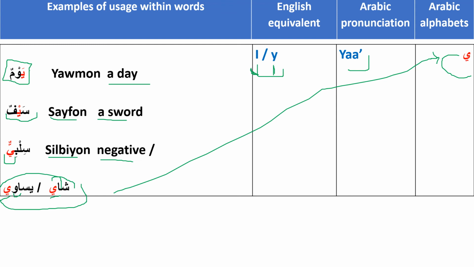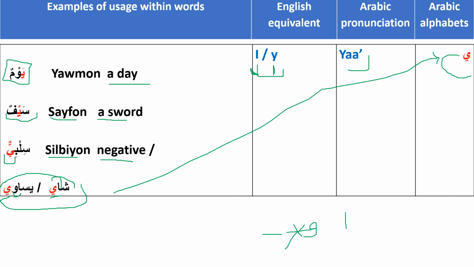Actually, it's not just ya. All Arabic letters, when they come after alif or waw, cannot be attached. They must be written in separation. We cannot attach them, be it in the middle or at the end of the word.